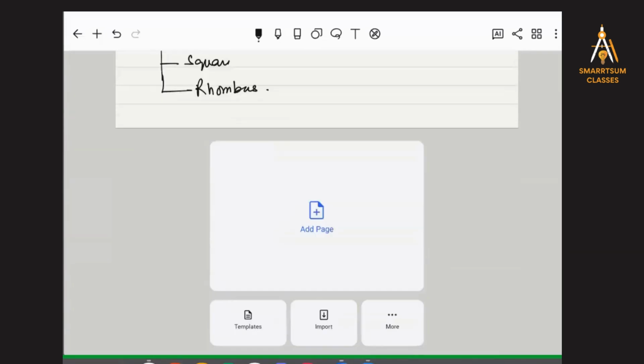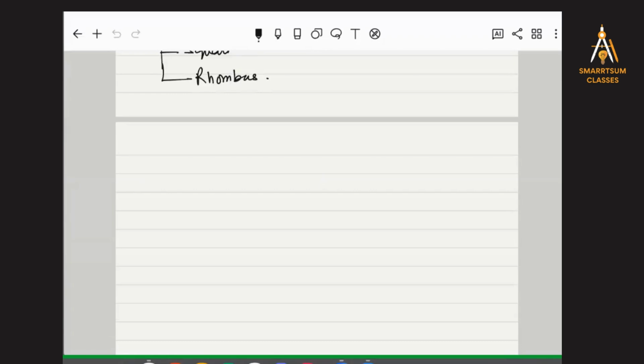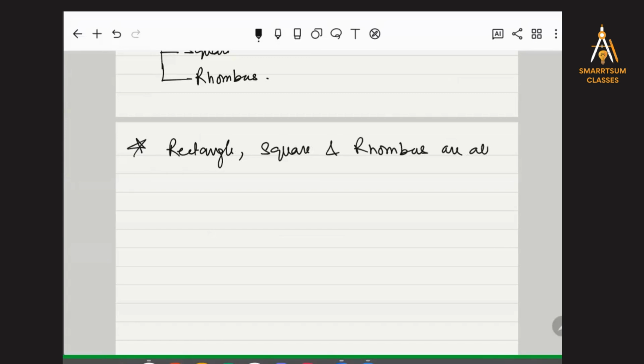Is it clear? Okay. Now, from this, we can say that, just note down some important points which I told you in between, that rectangle, square, and rhombus are all parallelograms. Okay.